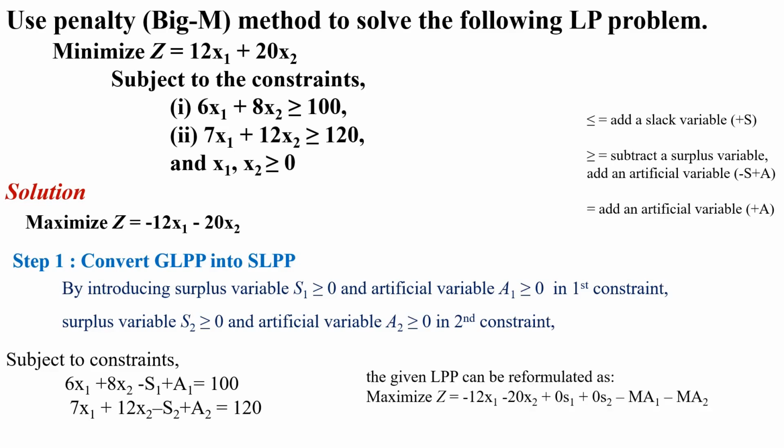Then write the objective function in terms of the decision variables x1, x2, surplus variables s1, s2 and artificial variables a1 and a2.